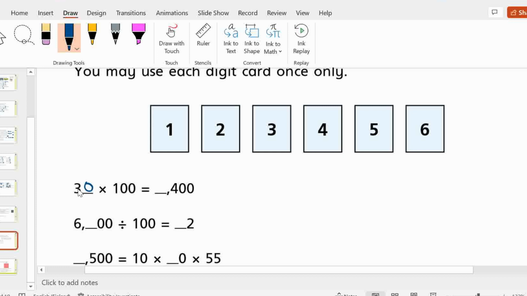This is 30. So what's 30 times 100? 3,000, right? So 3,000 goes here. I rub this out. Okay. Now here we have a 4. So what would 400 divided by 100 be? What's 400 divided by 100? 4. Okay. So that's how we work this one out.